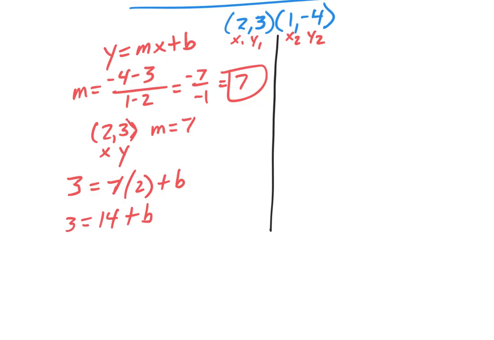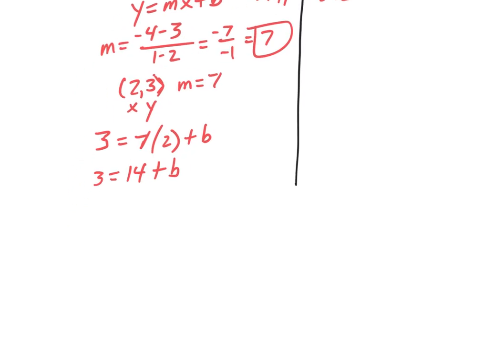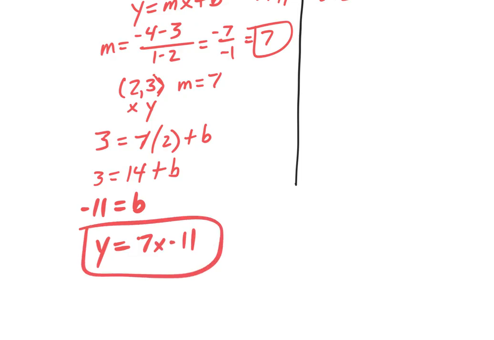Seven times 2 would be 14, and then we subtract 14 from both sides, and we get negative 11. And that's our equation.